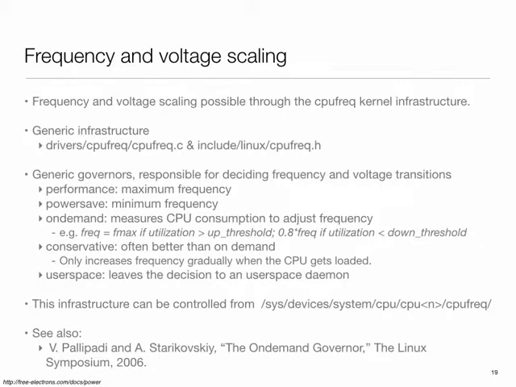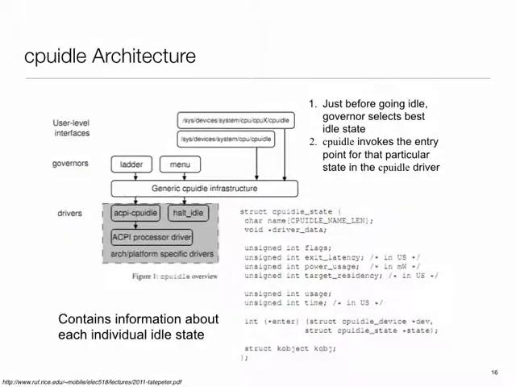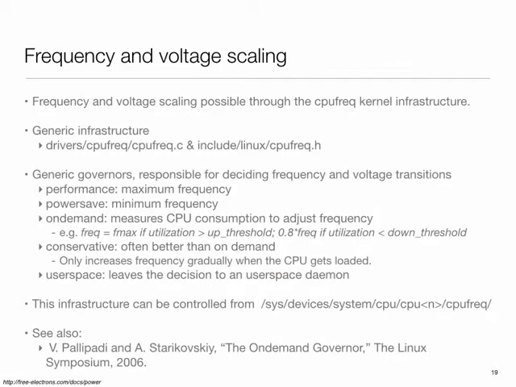The infrastructure, in case of CPU, is called CPUfreq. And the idea here is that just like we had governors, the ladder and menu, in case of shutdown, there are similar governors here, but their task is to control the speed. There is a governor called performance, and it basically always selects the maximum frequency.